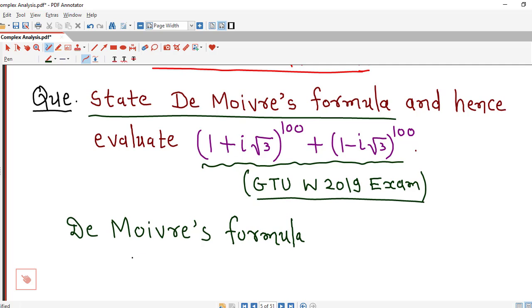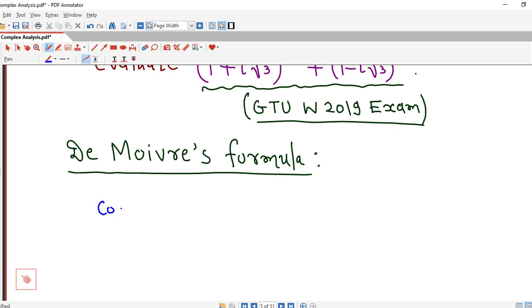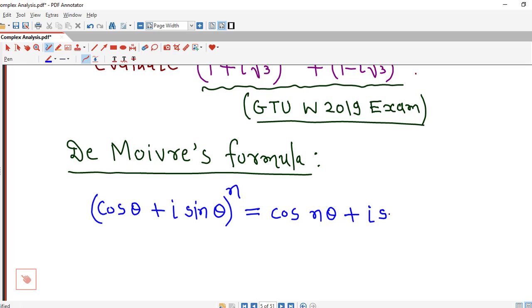As we know, De Moivre's formula is for the polar form of a complex number. If we have some power of cos theta plus i sin theta, then this can be written as cos n theta plus i sin n theta. So we are multiplying the power with the angle.